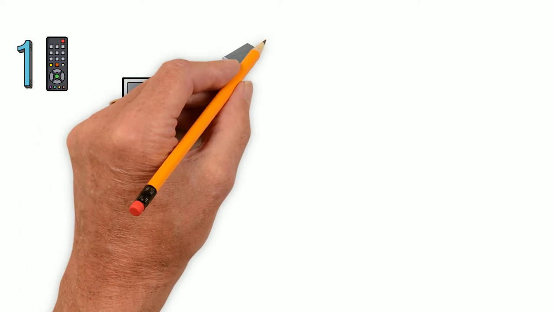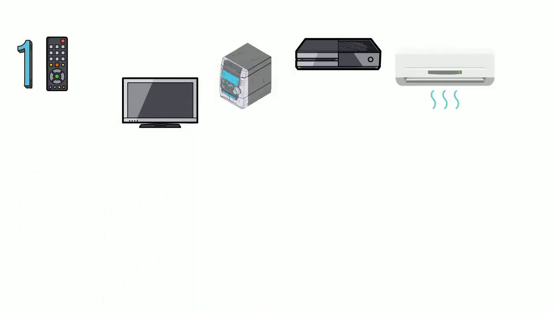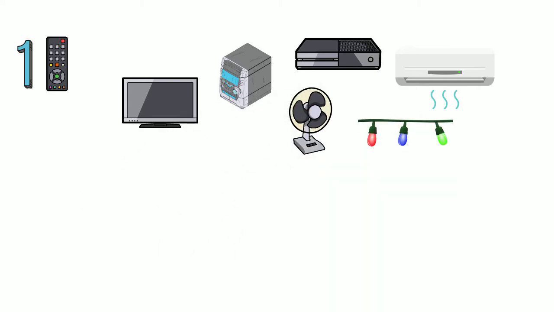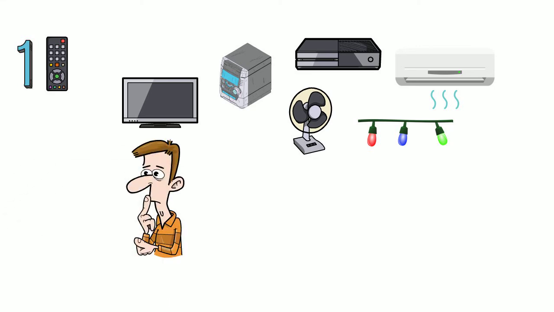Some examples are audio systems, game consoles, air conditioners, air fans, and lighting systems. They all consume energy when switched off while waiting to be set into operation via remote control. Do you have other remote controlled items at home? Add them to your list for potential savings.